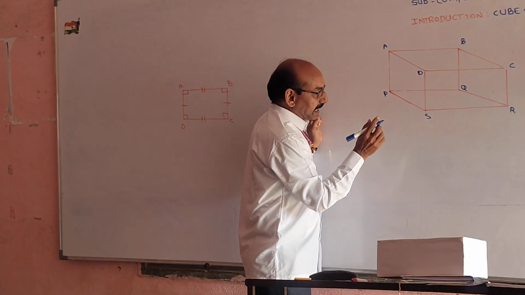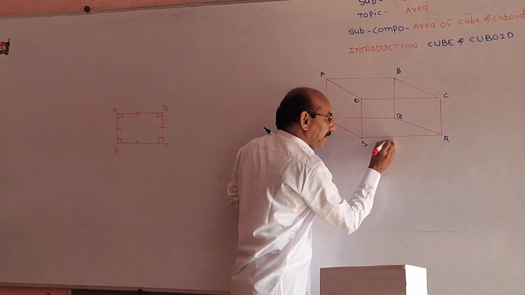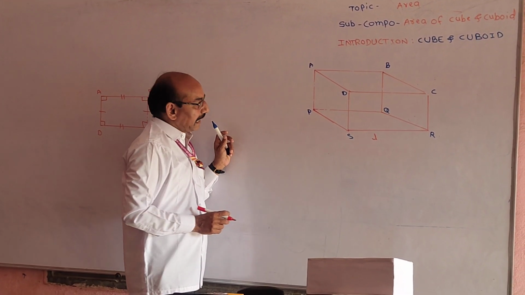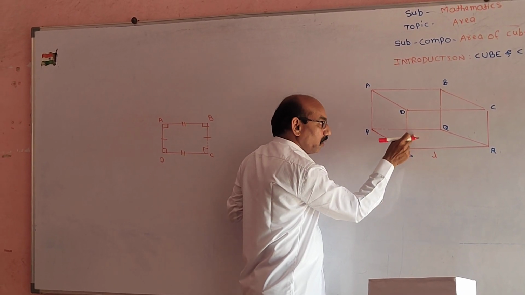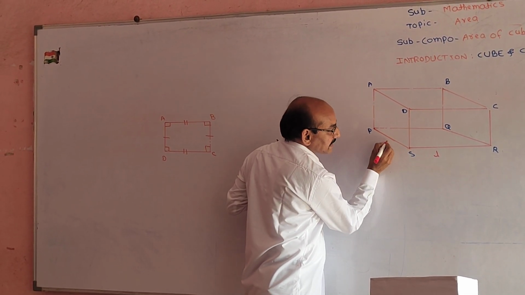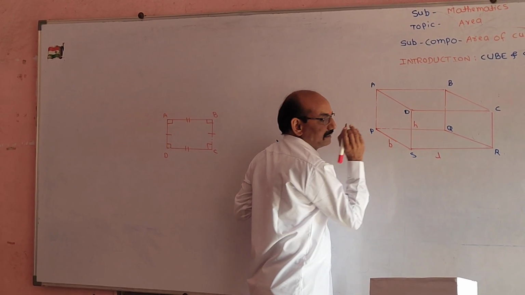The longest side, for example this one, is represented by L. Of the remaining two sides, one is considered as breadth and the last one is the height.